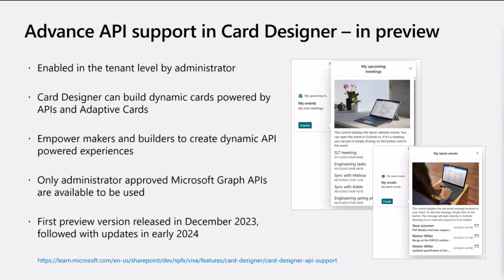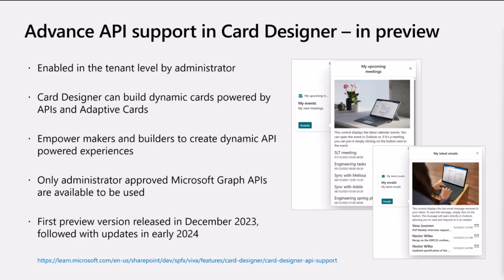As an example, the pictures you can see on the right side: my upcoming meetings or my latest emails. These are dynamic cards which can be easily accessed using the mobile phone or your desktop among the other cards within a dashboard, and they can show you the latest information by hitting the Graph APIs and surfacing that information within the card designer.